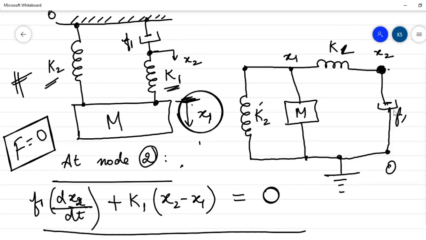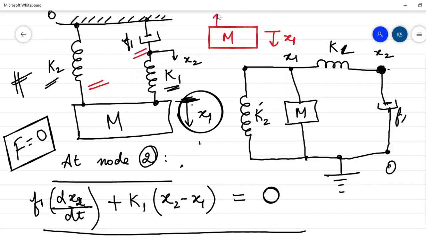If you want to draw a free body diagram for this system, you just have to take a mass M, and because the displacement on mass block M is in the downward direction, and as I already told you, the force developed by spring and by the damper is always opposite to the direction of displacement.